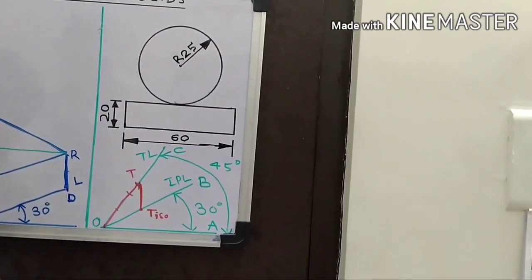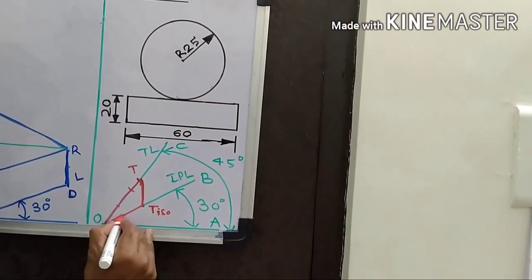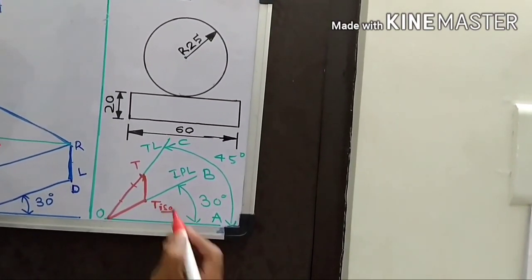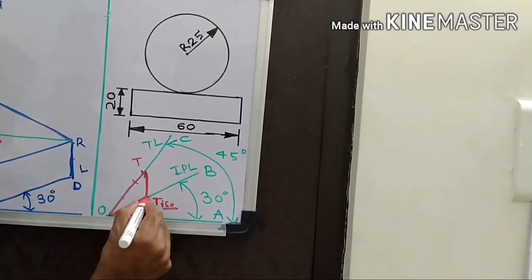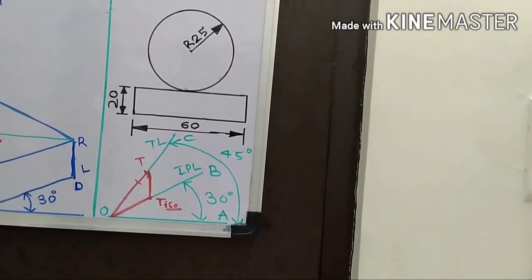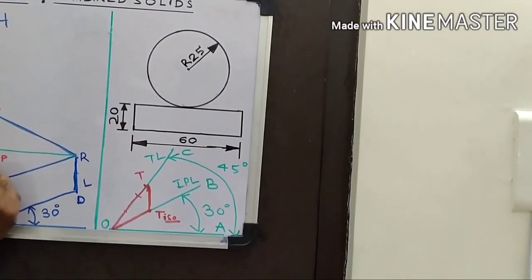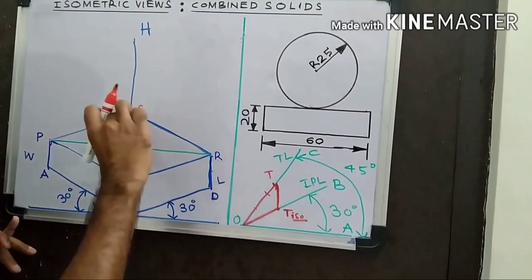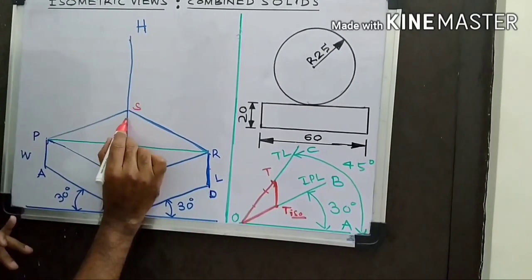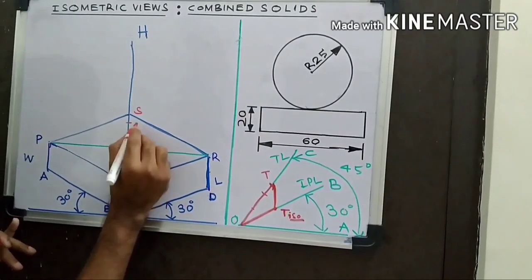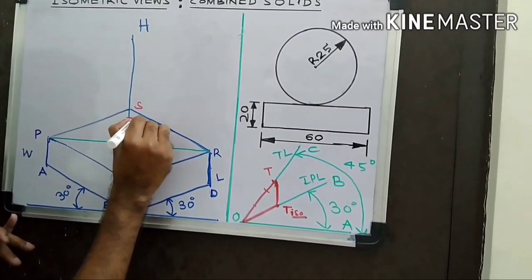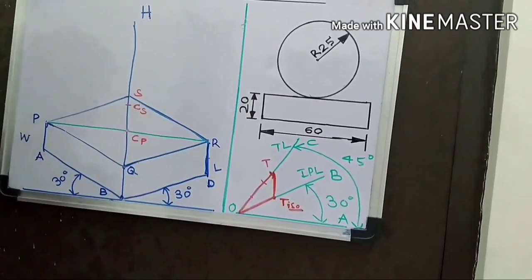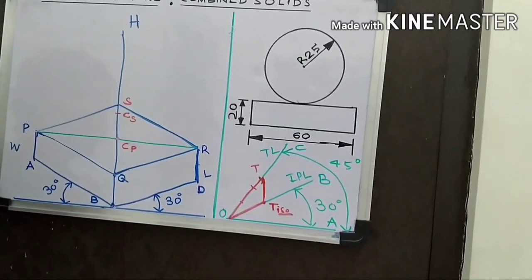Measure this length O T iso from the CP point. You have to locate it. Now name this point as the center for the sphere, CS.